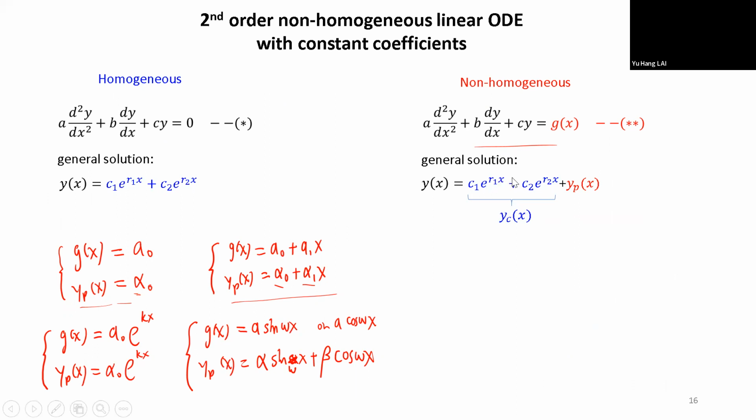The first part is called the complementary solution, which can be obtained by setting the right hand side to 0, so that it becomes a homogeneous ODE. Then you also find a particular solution, which is the solution of the whole equation. And the general solution of this non-homogeneous ODE will be the sum of the two.